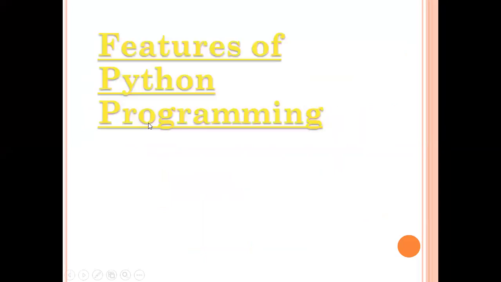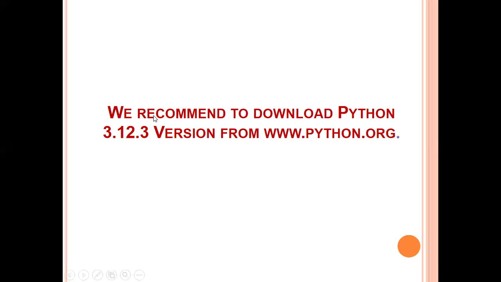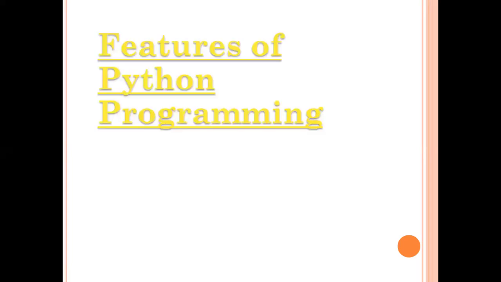As I've told you, we recommend you to download Python 3.12.4 now from www.python.org. Now let's talk about the features of Python programming language. Shall we proceed? Any questions still here? You can ask me right now. Let's proceed further.